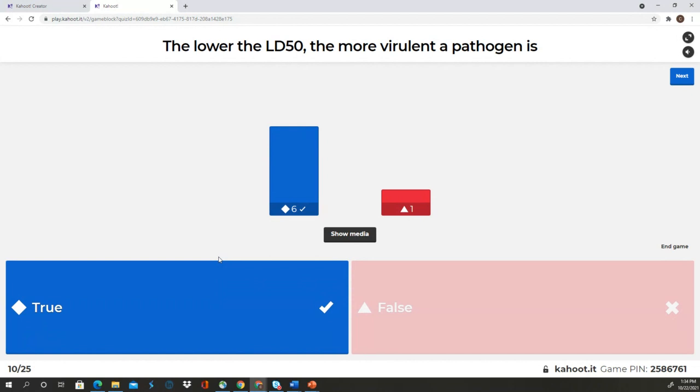So remember that when it comes to using the terms pathogenic and virulent, we should not use them interchangeably. Pathogenic is more, it is or it isn't. Is it a pathogen or is it not? It's not really a measure of how dangerous or infectious something is. That's when we use the term virulent. Virulent is along a spectrum.